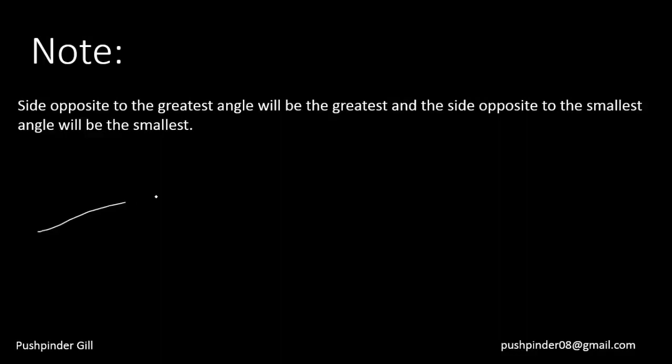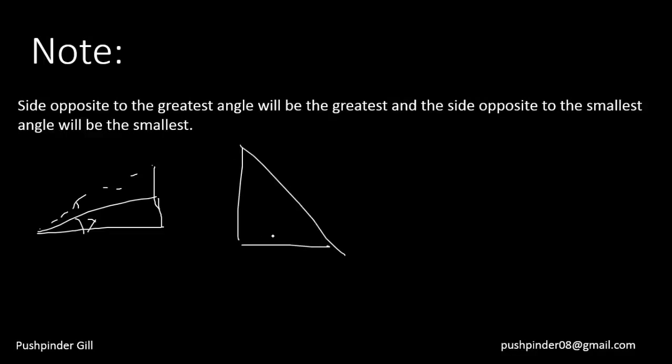Let's say this is like this, and this is an angle X. The more I keep increasing the angle, the bigger this side will become. That means the side opposite to the greatest angle is always the greatest side. Similarly, in a right angle triangle, 90 degrees is the greatest angle, and the hypotenuse is always opposite to 90 degrees.